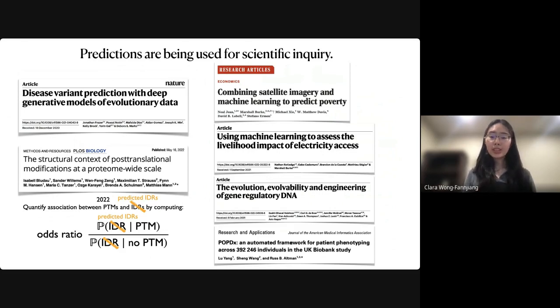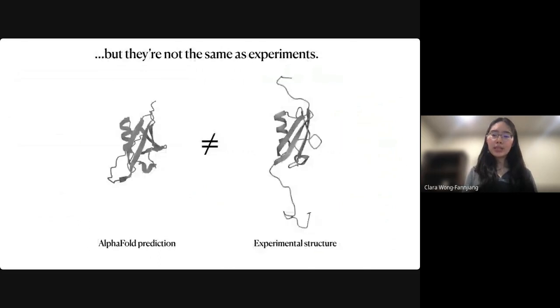We all know gold standard experiments can be incredibly expensive, time-consuming, low throughput, resource intensive, whereas predictions are super cheap, they're basically instantaneous, and they're very easy to acquire. Now, despite these advantages, it should make you a little uncomfortable or concerned when predictions are used to draw scientific conclusions. And the reason is we all know they're simply not the same quality as gold standard experiments.